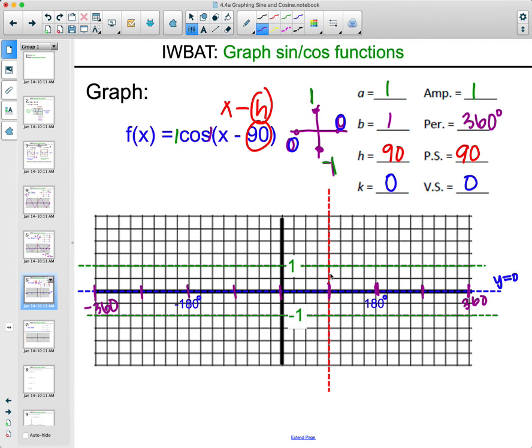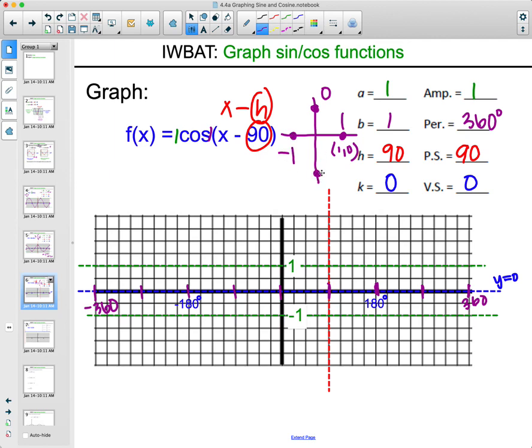So cosine starts at a, oh, did I write these wrong? Yes, I did. I wrote these wrong. I did them as the y values. Sorry. The x value here is 1, 0. So the x value here is 1. The x value here is 0. The x value here is -1. I'm sorry.